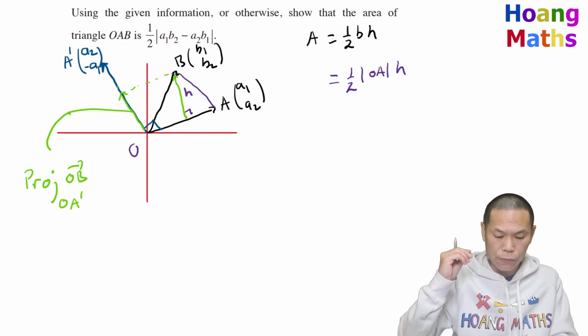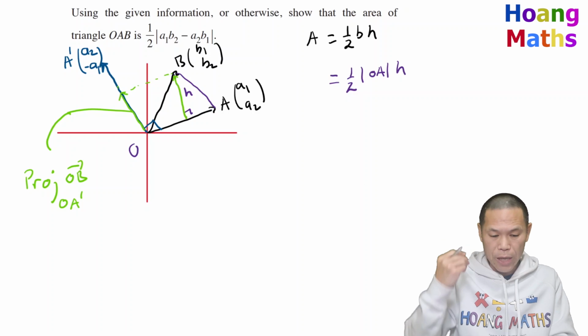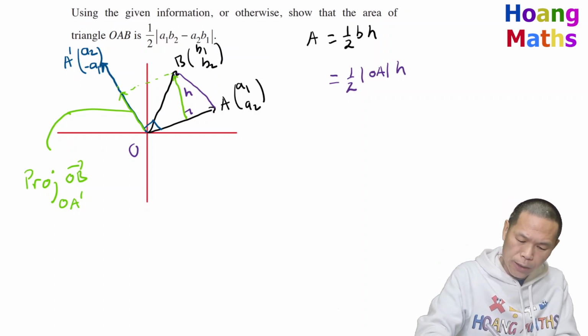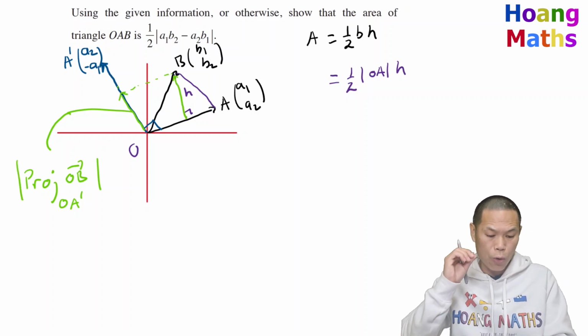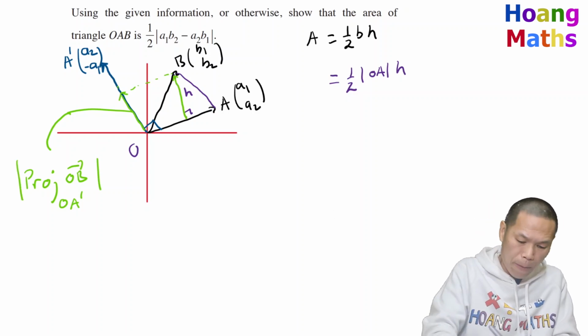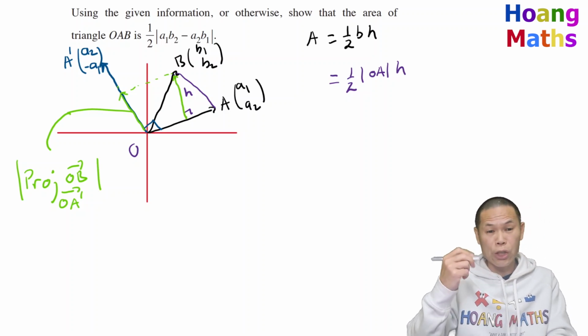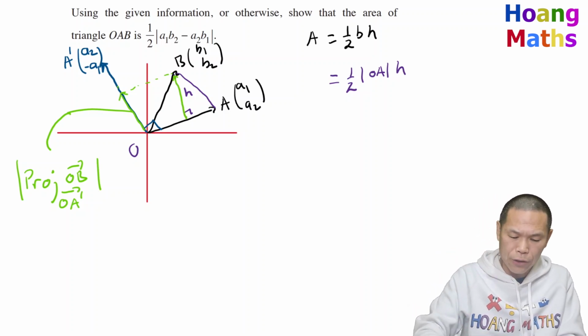So we just need to find that, and it will give us H. We know that this H here is the magnitude of the projection of OB onto OA prime. So now let me just find the projection of OB onto OA prime.